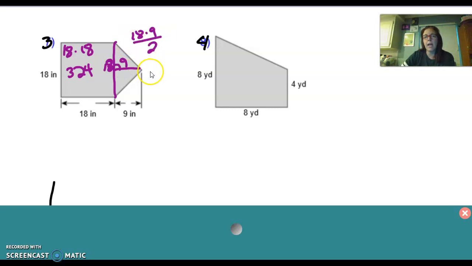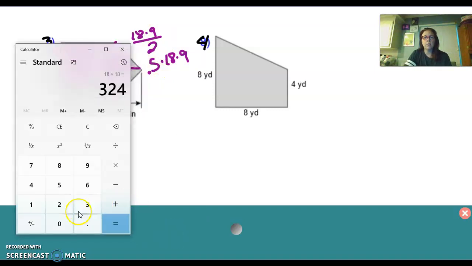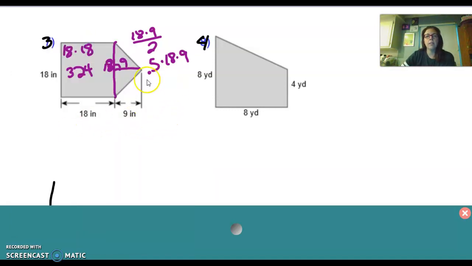Or if you do 1/2, when you put it in your calculator, do 0.5 times 18 times 9. That's the same thing. So 0.5 times 18 times 9 equals 81. So this triangle is 81.